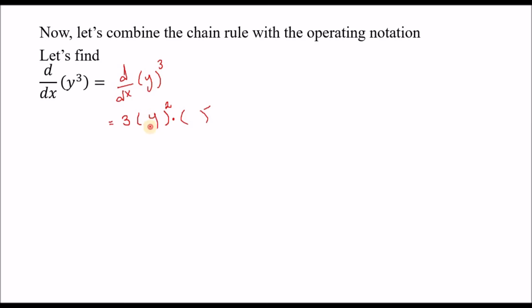So I will have 3y to the second power times y prime, or the derivative of y. I know the derivative of y with respect to x is dy over dx. So this boils down to 3y to the second power times dy over dx. I'm going to use this idea in order to solve the rest of the examples using implicit differentiation.